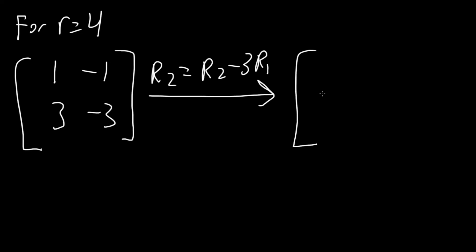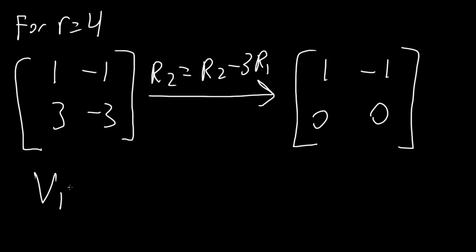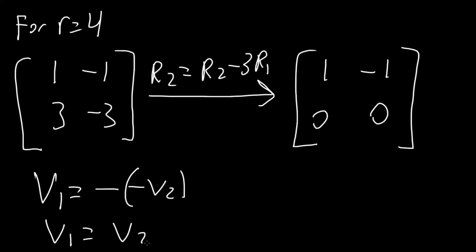By doing that, the first line remains the same, and R2 is 3 minus 3 times 1, which is 0, and negative 3 minus 3 times negative 1, which is also 0. Therefore, v1 is equal to minus (negative v2), so v1 is equal to v2.